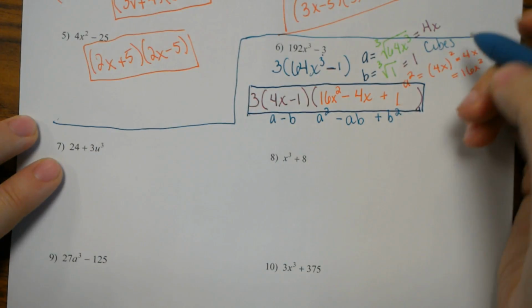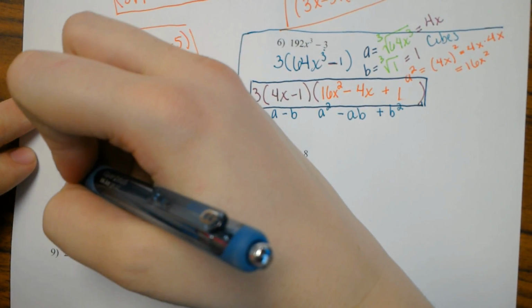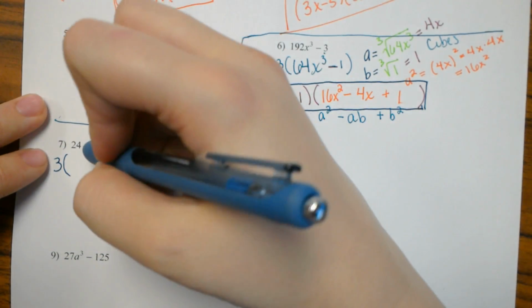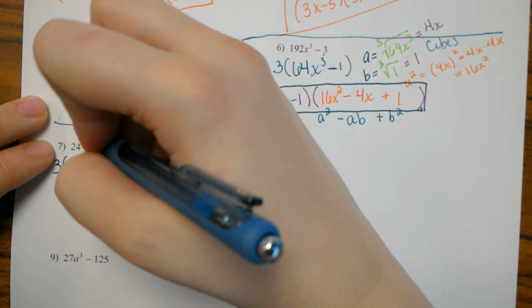And number 7 again. 24 and 3 are not in my cubes list, so I'm going to take a 3 out. And I'm going to rewrite it. I'm going to switch my terms around.